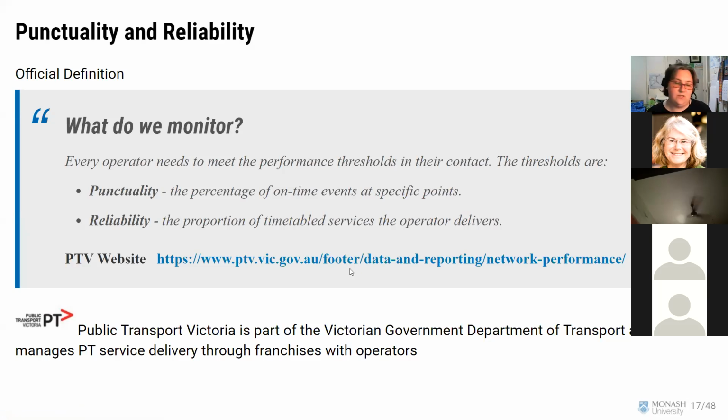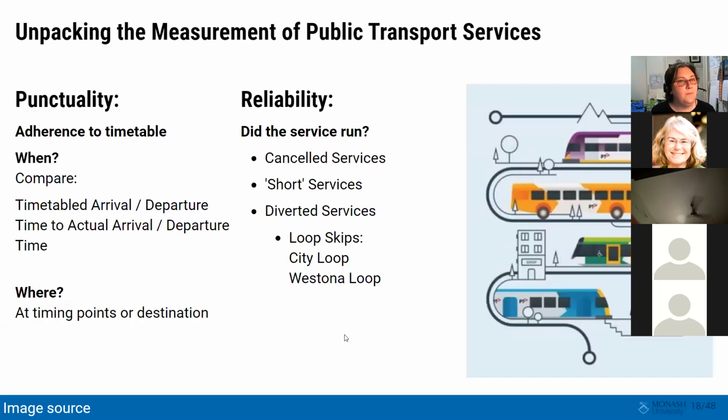This definition comes from the PTV website, and PTV look after that data to check, because they're contracting the operators to run the services, and if the operators aren't running the services very well, we're not getting value for money as taxpayers. So they need to track it.